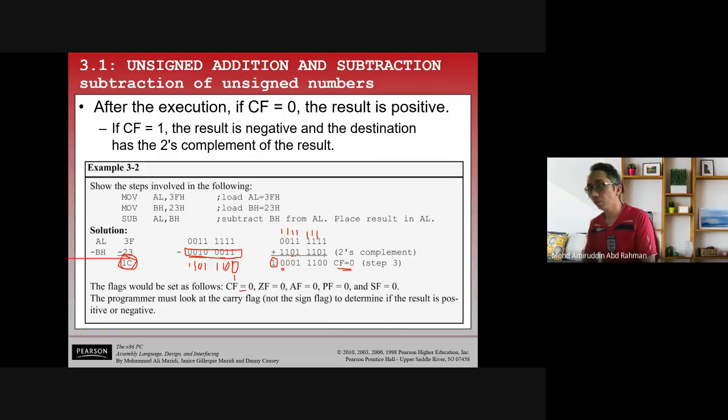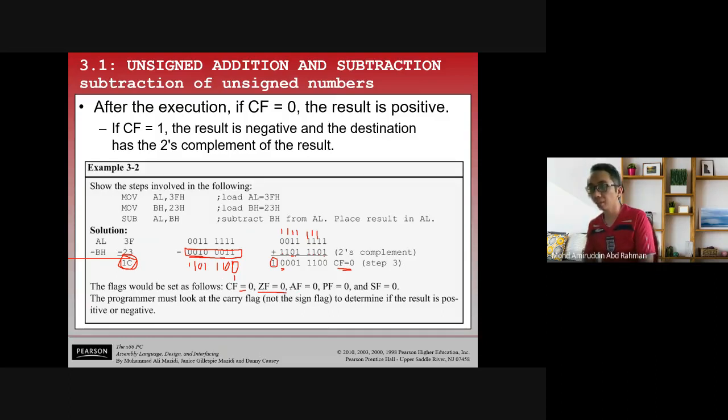So CF will be 0 and the other flags should follow that. All right, so ZF is 0, of course, because the result is not 0.